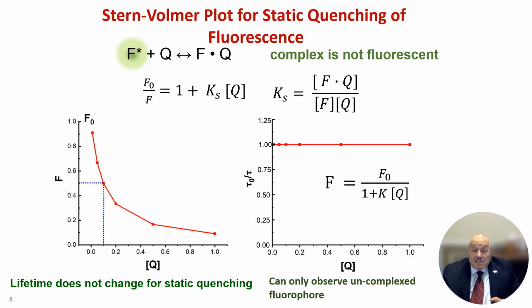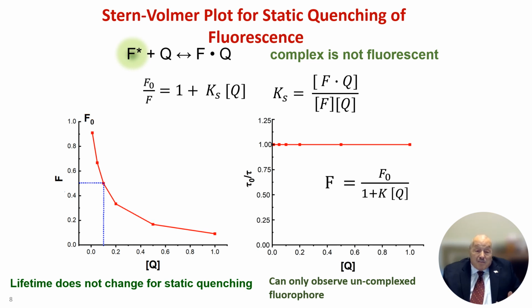Static quenching is different. You can still use the Stern-Volmer equation, and I'll show you a little later, but in any event, the form of the equation is exactly the same. F naught on F is equal to some constant times the quencher concentration.